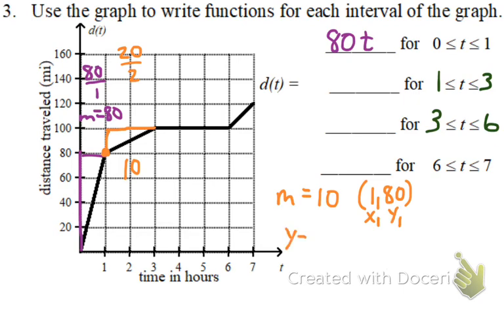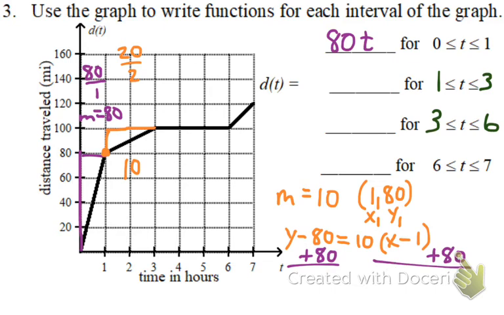Point-slope: y minus 80 equals m, which is 10, times x minus x sub 1, which is 1. Then we need the y to be by itself, so we'll add 80 to each side. And we'll have y equals 10 times (x minus 1) plus 80. Now if we change to d of t, we'll have d of t equals 10 times (t minus 1) plus 80.